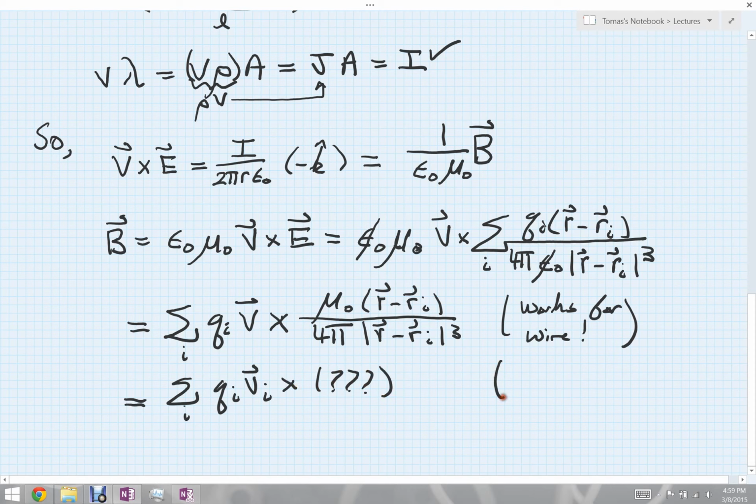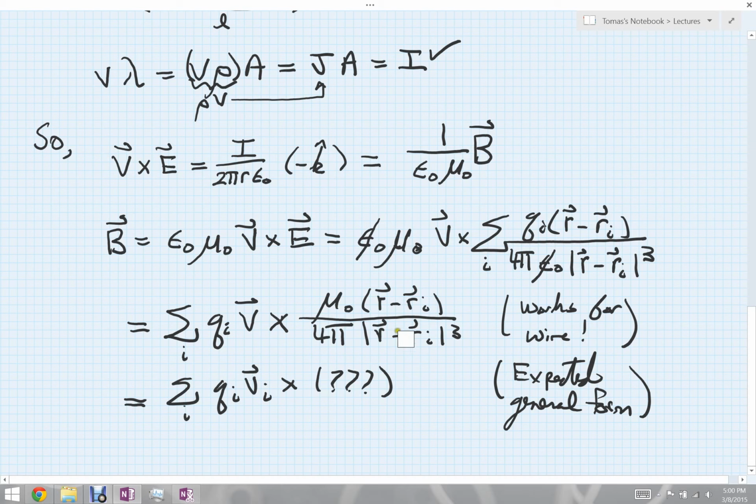This is the expected general form. So the logic says, well, how can these two both be true? How can this be the explicit general form and this be what works in the case of the wire?